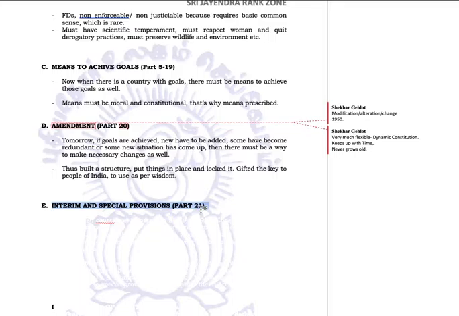See, when the constitution came up, it came up in 1950, almost 75 years, 70 years back. But when the constitution came up, elections had not taken place. We did not have a parliament.